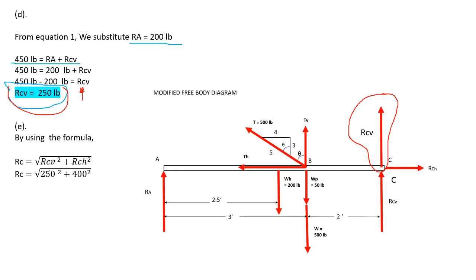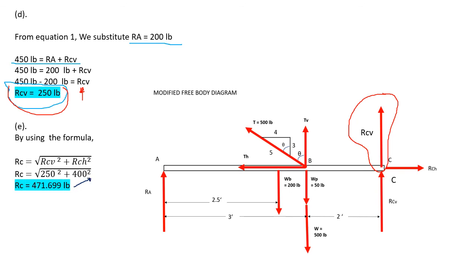Therefore, RC is equal to the square root of 250 squared plus 400 squared. Then our answer now is RC is equal to 471.699. Therefore, it is pointing upward to the right.